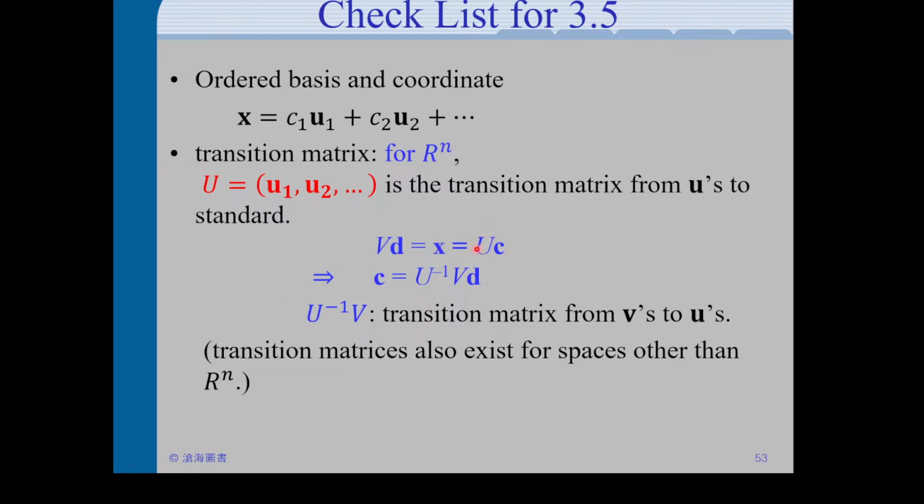Then x equals uc, and so the coordinate c with respect to this u is actually u minus 1 times x. This is the coordinate transformation we did in 3.5.